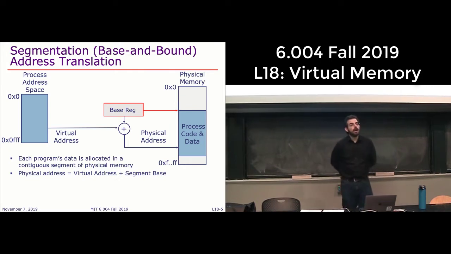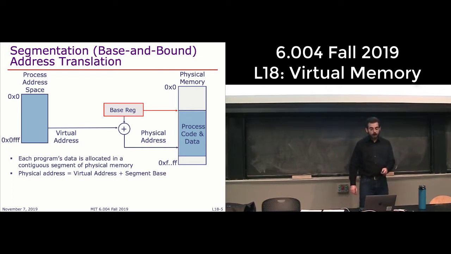And then the other thing that we want, remember, is to avoid or to prevent this process from accessing the data of some other process that might be sharing the machine. So this picture is showing the memory allocation for a single process. But somewhere below here, there might be data for some other process, right?